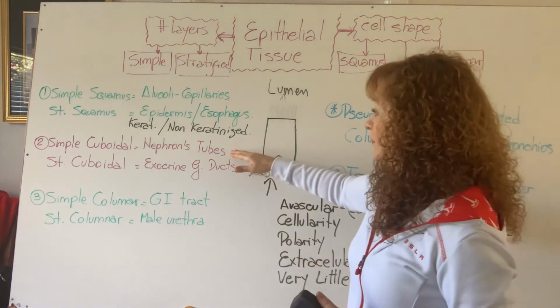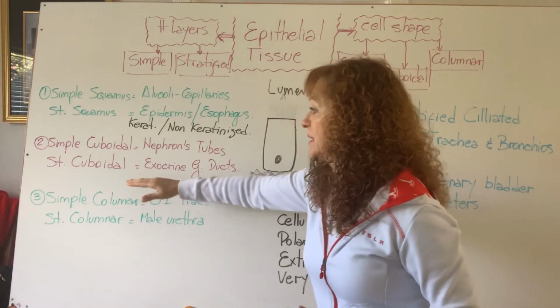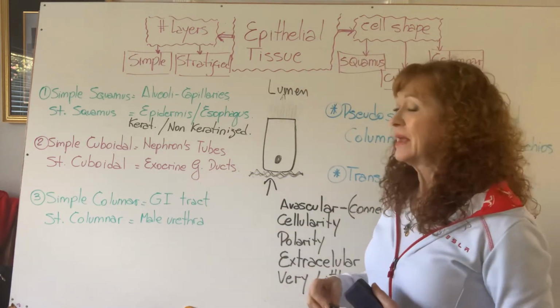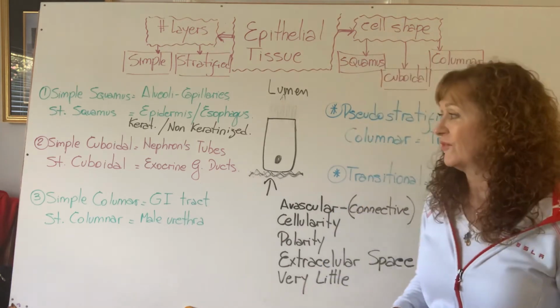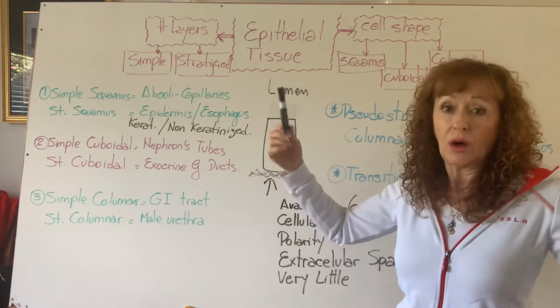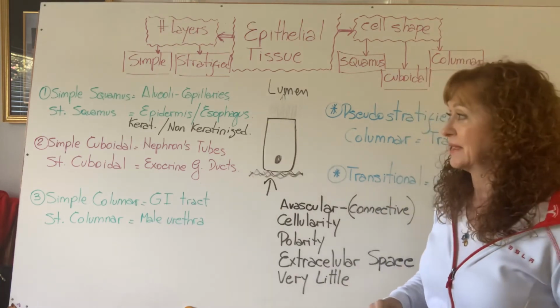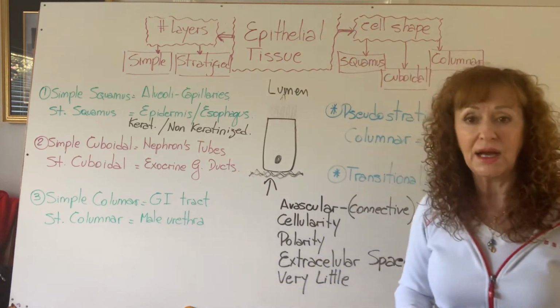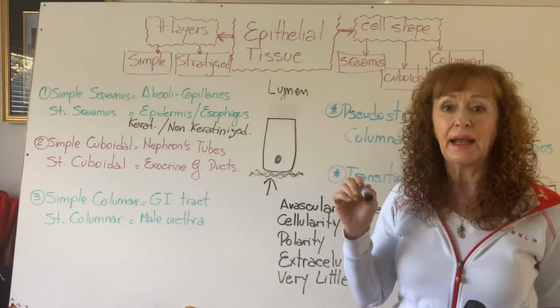Now, after saying that, let's jump into the stratified cuboidal. It is found in very common places, which is why the locations are so diverse among all the types of epithelial tissue. Stratified cuboidal is clearly found in the ducts of exocrine glands.